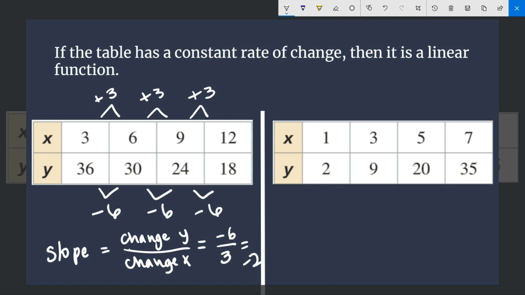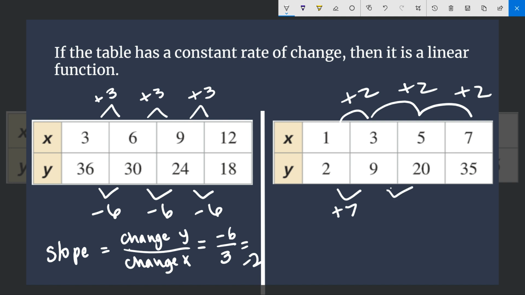If we look at the table on the right-hand side, if we check the x values, 1 to 3 to 5 to 7, that's all increasing by 2 every time. But as x increases by 2, we have the y values. This first jump is an increase of 7 from 2 to 9.